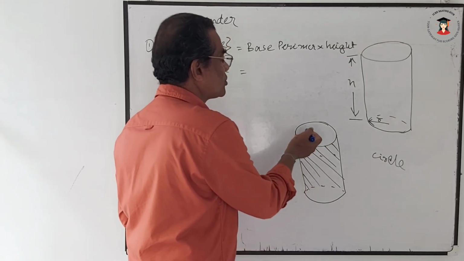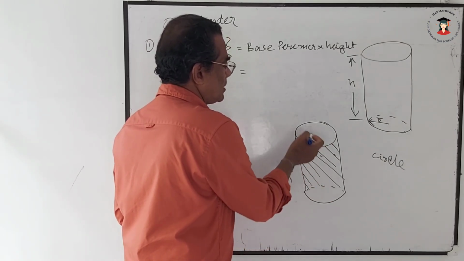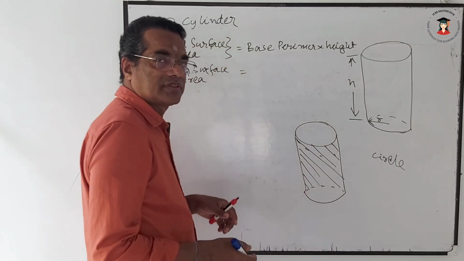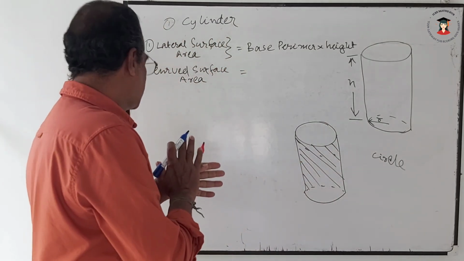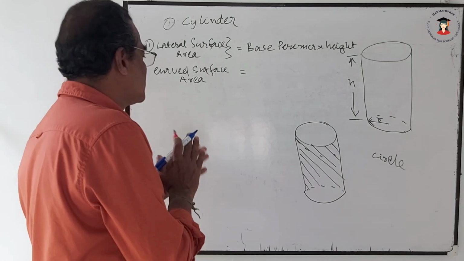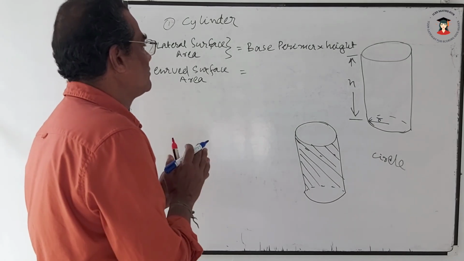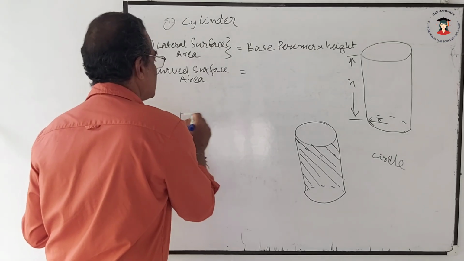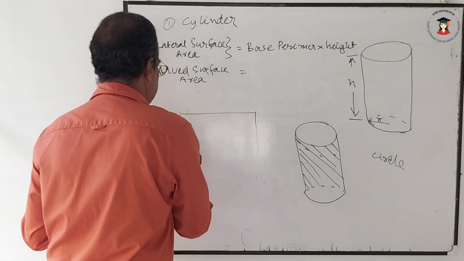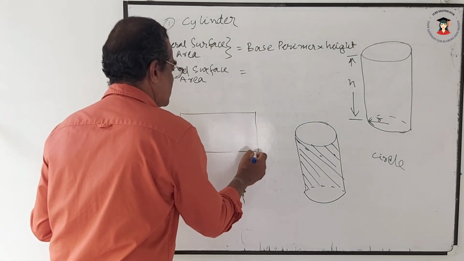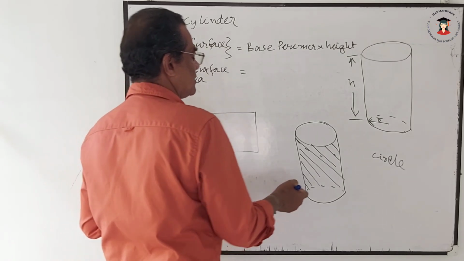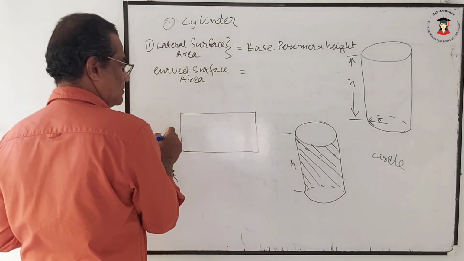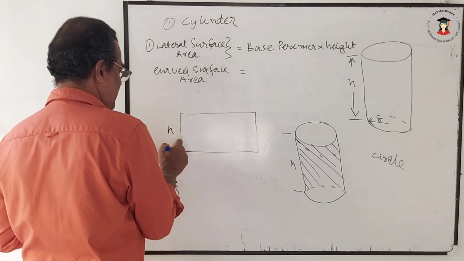That means there is no portion on the base or the end surface. So after completely covering in this way, if I open it, it will come like a rectangle. And if h was the height, we will get that h here.